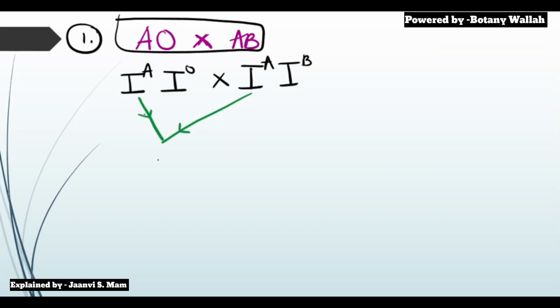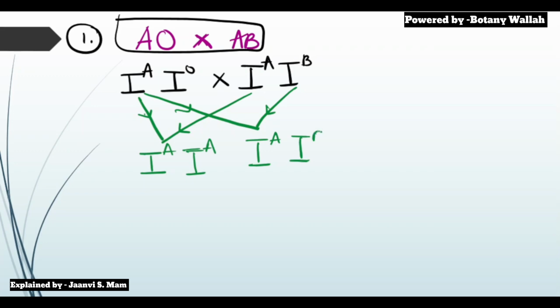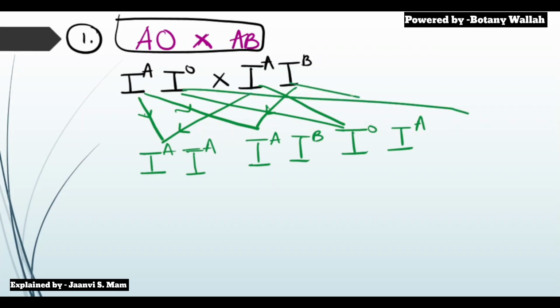So we can do it directly here. You will get these two as one possibility, that is IA IA, and the second possibility will go as IA IB. Next you will have IO IA. Next you will have IO IB.